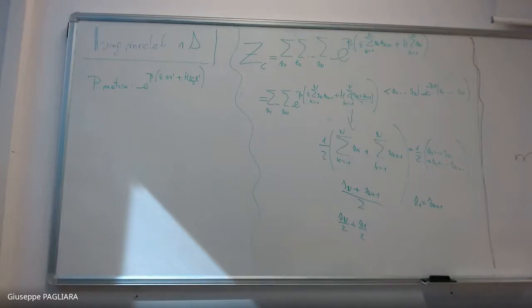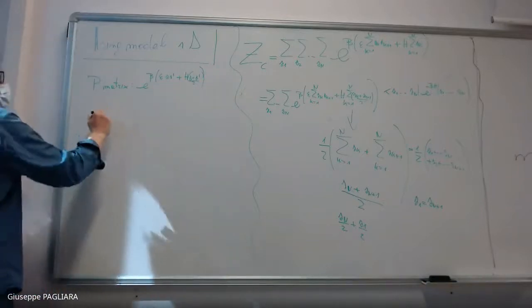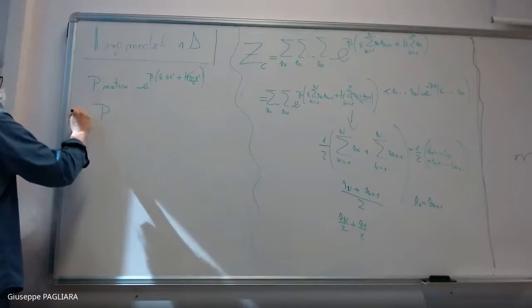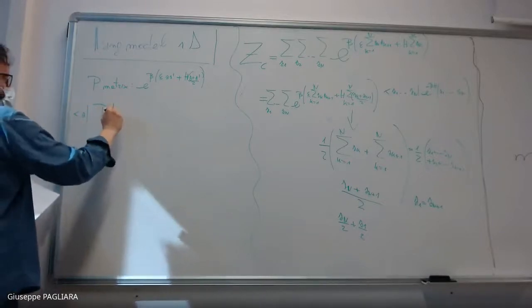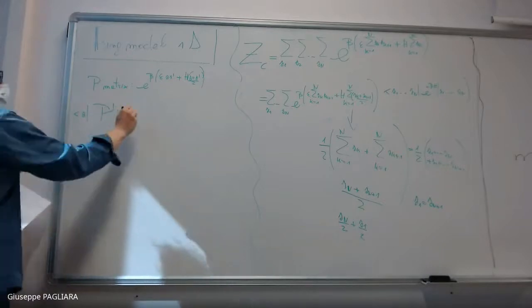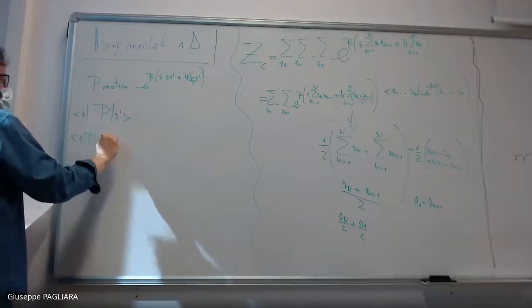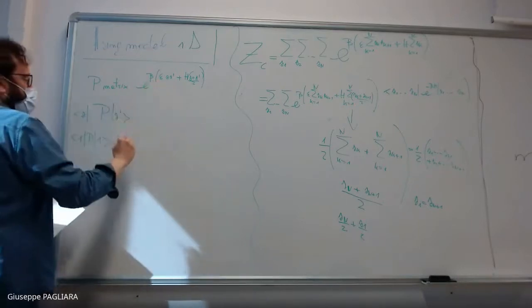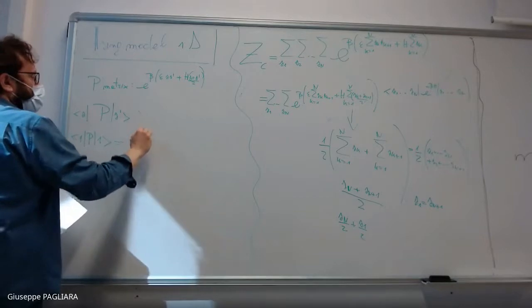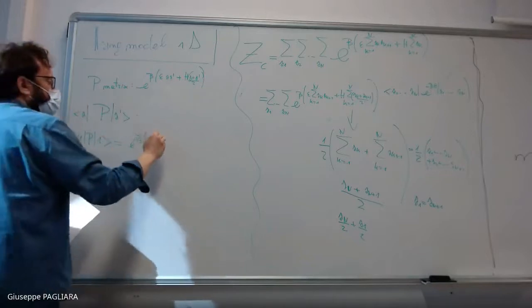So let's compute the matrix elements of this matrix, with S and S'. In particular, let's consider P_{11}. So I take S and S' equal to 1. Therefore, here I will have e to the beta epsilon plus h, because 1 plus 1 is 2, divided by 2.